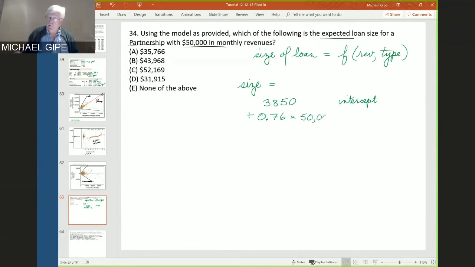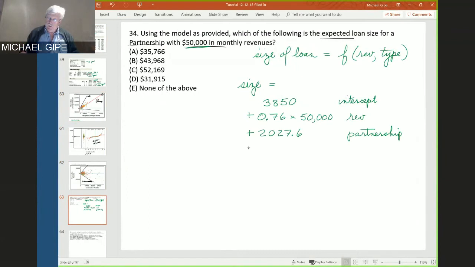That's what the question is asking about. So that's the revenues, plus 2027.6. This is because it is a partnership, and that is the intercept coefficient for a partnership.